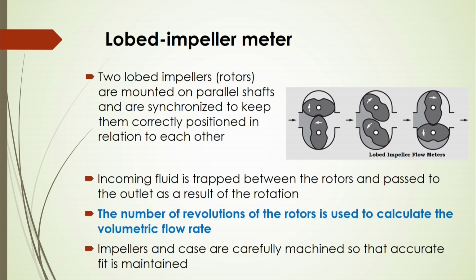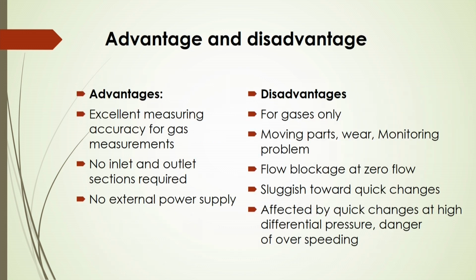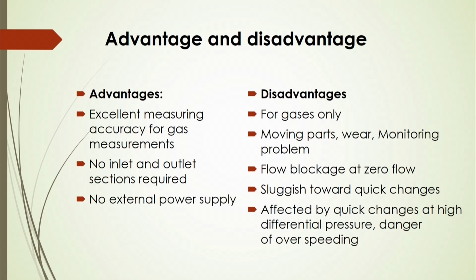So, that rotation will give you the volumetric flow rate, and it has the advantage of excellent measuring accuracy for gas measurements. No inlet and outlet sections are required, and no external power supply is required. But there are some disadvantages: it is generally used only for gases, and there are moving parts.